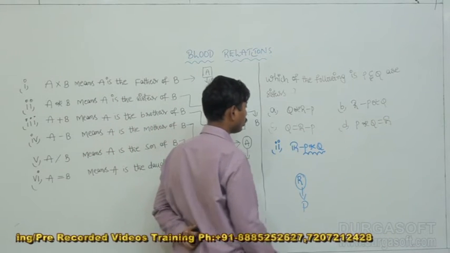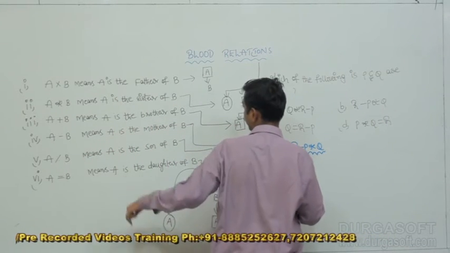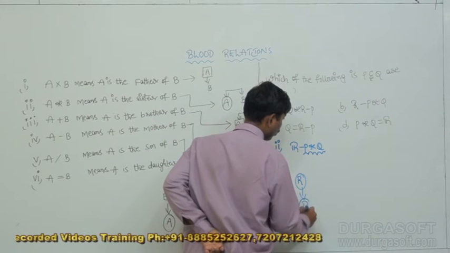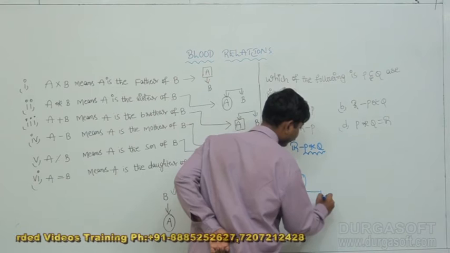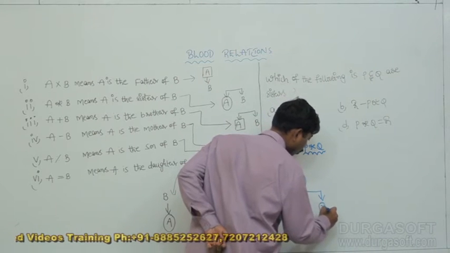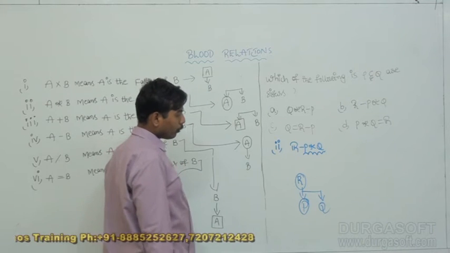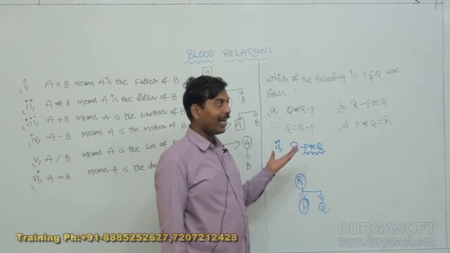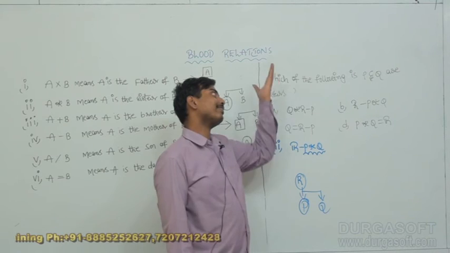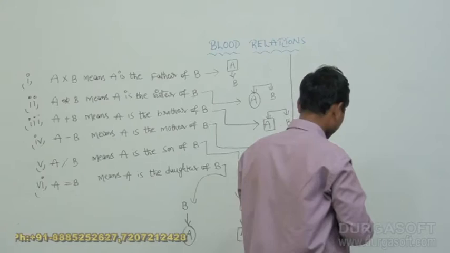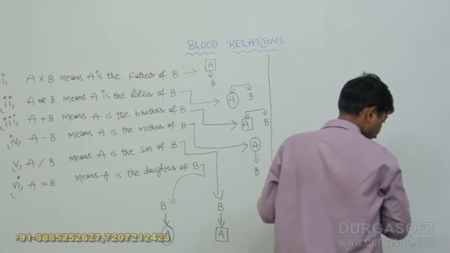P star Q means P is the sister of Q. P is the sister of Q means we don't know the gender of Q. So really, the second option is also unable to satisfy the condition. Let us go for the next one.